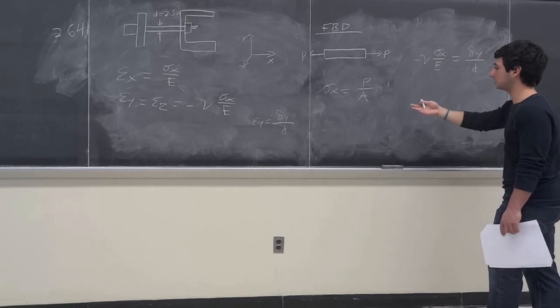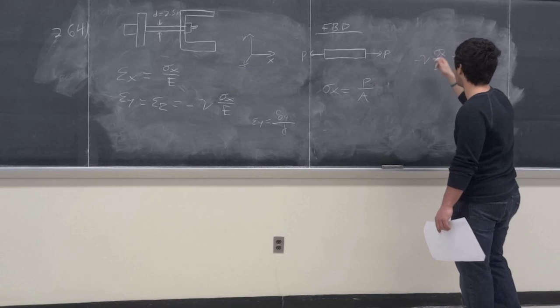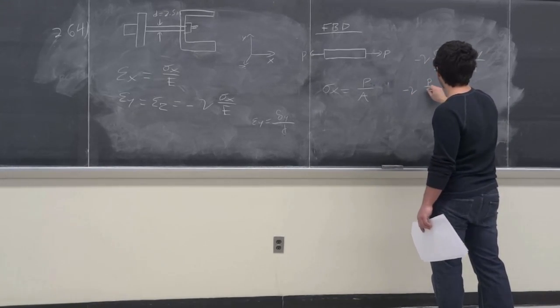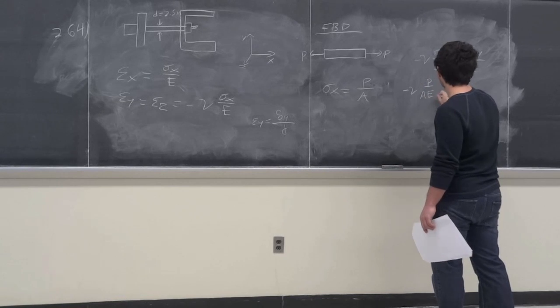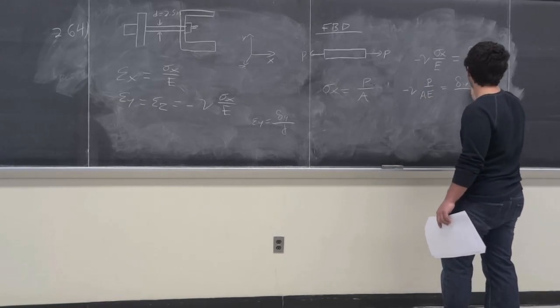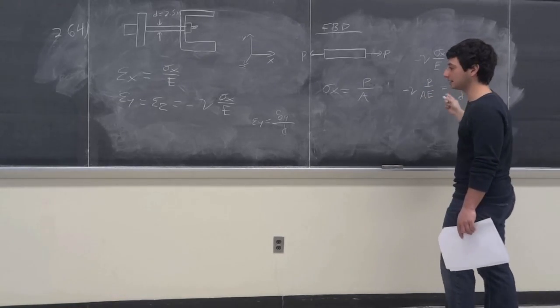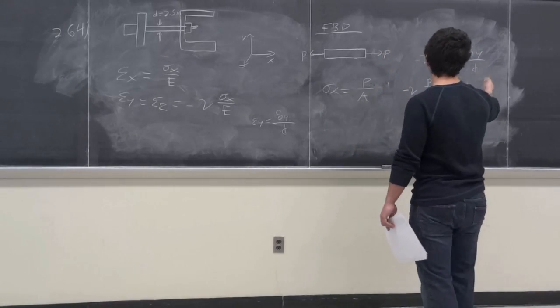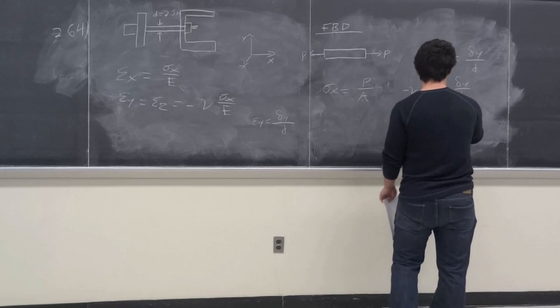Or we could just directly substitute this in here. So you have minus mu P over AE is equal to delta y over d. Remember, this delta is negative because they said it's decreasing, so a minus and a minus are going to cancel, but I'll leave it in for now.